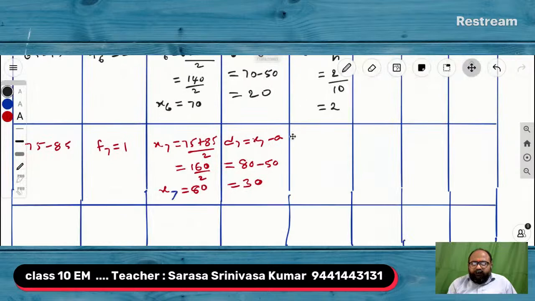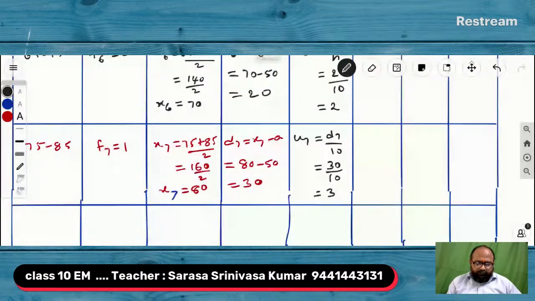Now we calculate U7. This is equal to D7 by 10. D7 is 30. 30 by 10. So we get U7 equal to 3.